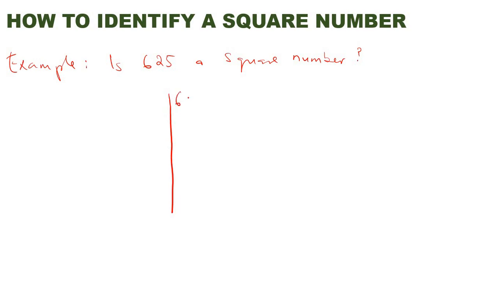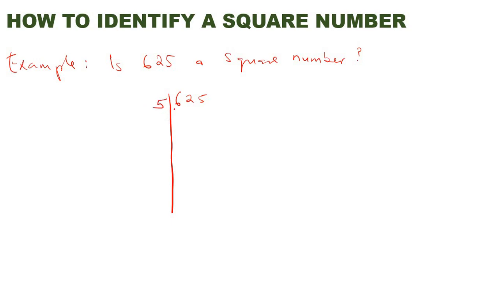Let's say we have 625, that's the number given. Can 2 divide? Can 3 divide? No, 3 cannot. But the last digit is 5, so I think 5 can. Let's start with 5.